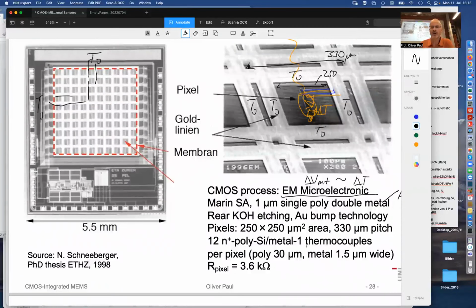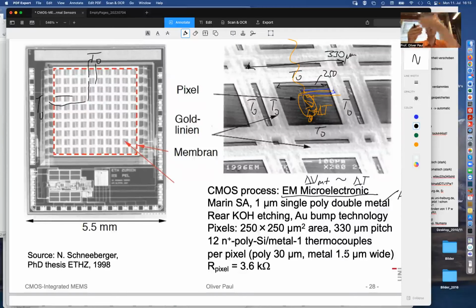polysilicon metal 1 thermocouples, 6 on each side, and the poly is 30 micrometer wide, and the metal is 1.5 micrometer wide. The polysilicon is much wider than the metal because the metal contributes little to the thermoelectric effects. Aluminum is not such a good thermoelectric material, so there's no reason to waste space for it.